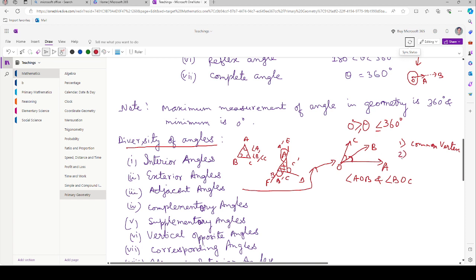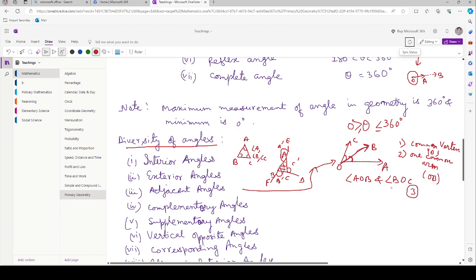Second property is one common arm. They have one common arm. Here, OB is the common arm. Common vertex is point O, common arm is OB. Right?